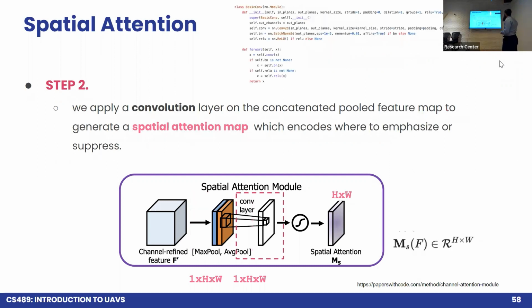Then we apply a convolutional layer on the concatenated pooled feature. So this is the convolution here. And then it generates the spatial attention map, which encodes where to emphasize or suppress. Suppress the background, emphasize the object.